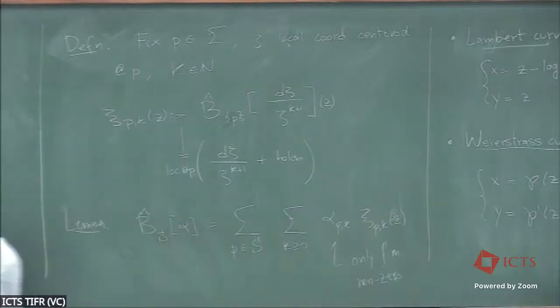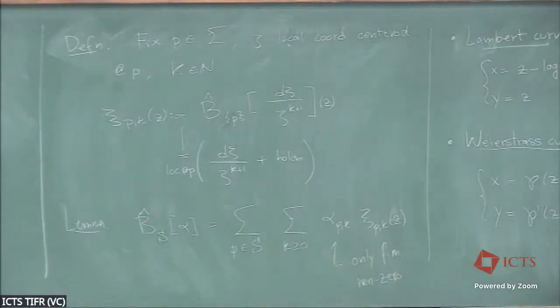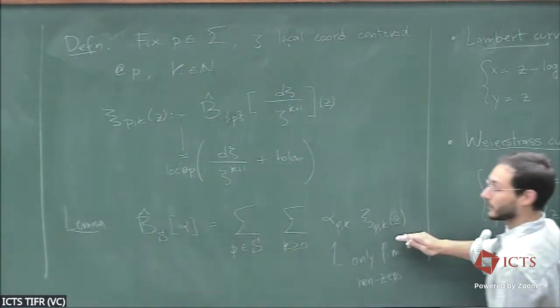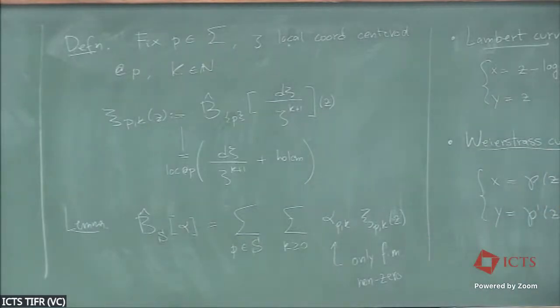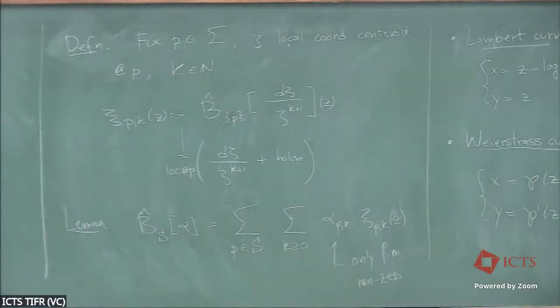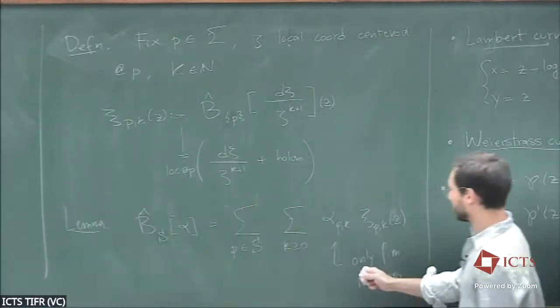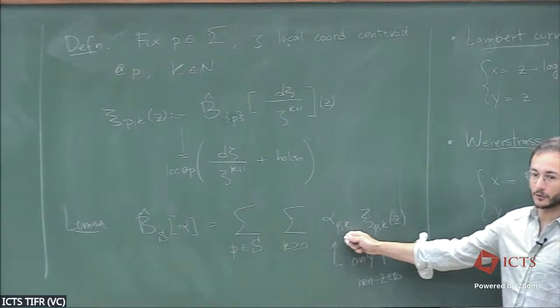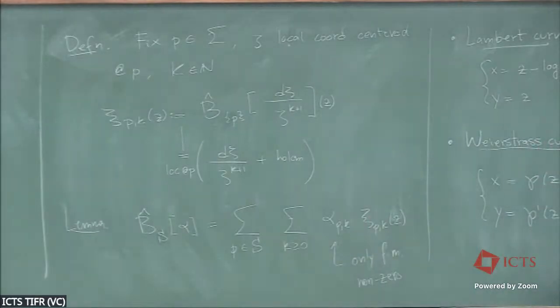Another way of saying this is that whenever I have a one form that satisfies the projection property, I have a natural basis in which I can expand it. It's a nice way of taking something that is a one form, so very hard to control, and saying that you can control it with finitely many non-zero coefficients. It's a very nice thing. Okay. Do you have any question about this?